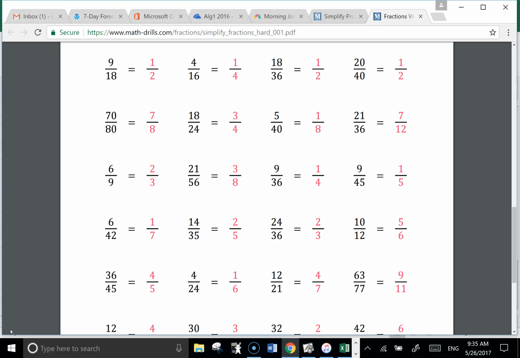That's 6 times 3 and 6 times 4. So you cancel the 6s, 3/4. How about 21 over 56? What was the greatest common factor? It was 7. So it's 7 times 3 and 7 times 8. The 7s cancel, 3 over 8.